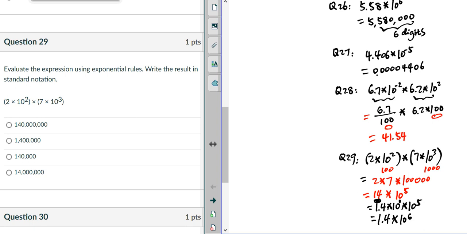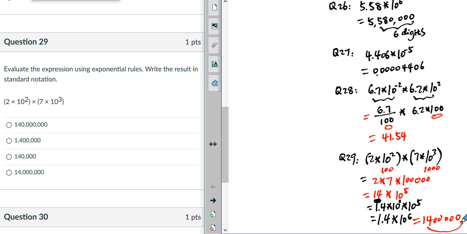Let me move this one up here. So you go further. That would be 1400, and then another 000. So the decimal point was here, and you shifted to this place.